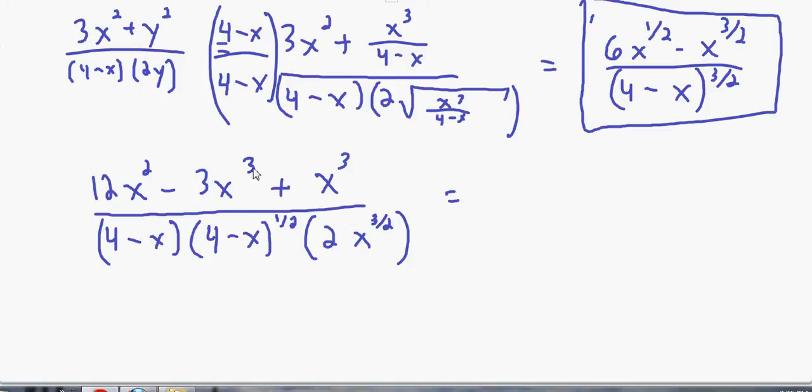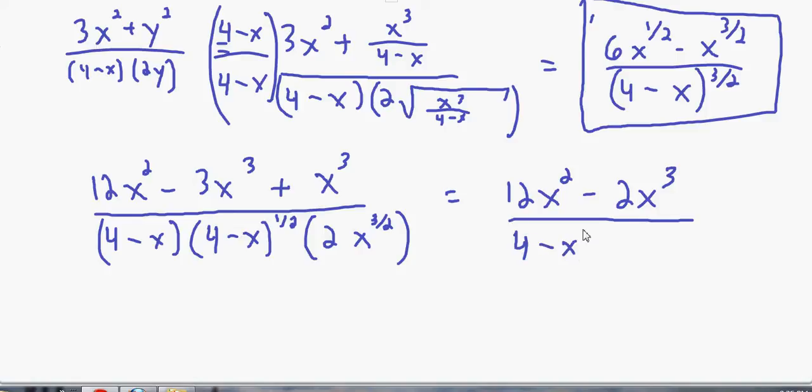12x squared minus 3x cubed plus 3x cubed. Oh yeah, plus x cubed is minus 2x cubed. So we have 12x squared minus 2x cubed over, and you can see this is turning out to be very nice, 4 minus x to the 3/2 times 2x to the 3/2.